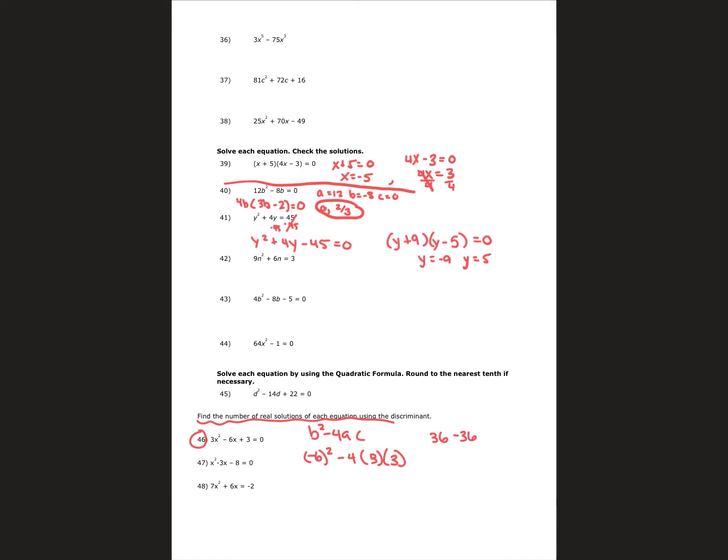Minus 36, which is 0. So because we got 0, the discriminant would be one solution. If we got negative, the discriminant is no solutions, no real numbers basically. And if you get a positive, then the discriminant is two solutions.